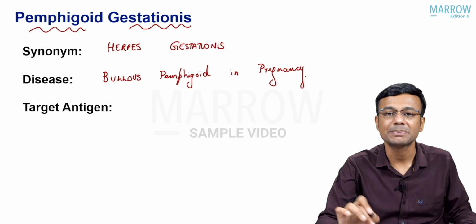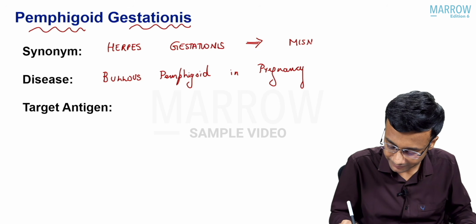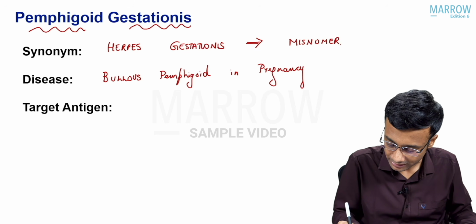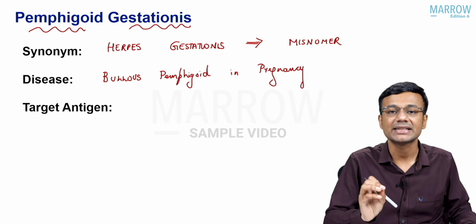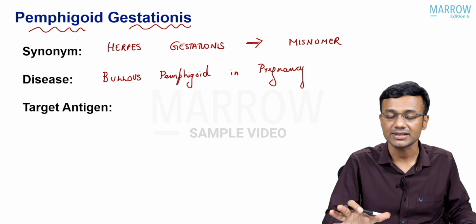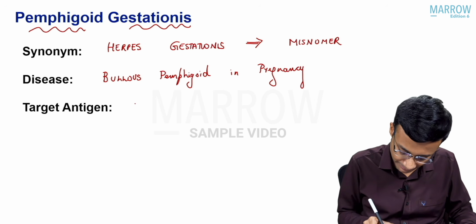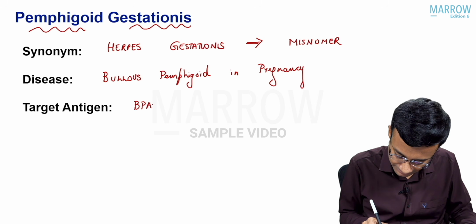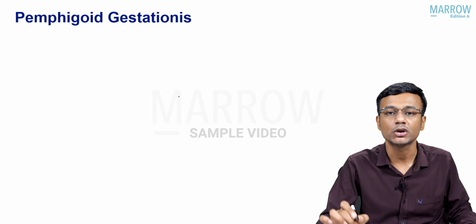Then why is it called herpes gestationis? Dear students, please remember this is a misnomer. Herpes gestationis has nothing to do with herpes infection. What is this disease? It is bullous pemphigoid in pregnancy. The target antigen over here is BPAG2, that's bullous pemphigoid antigen number 2.